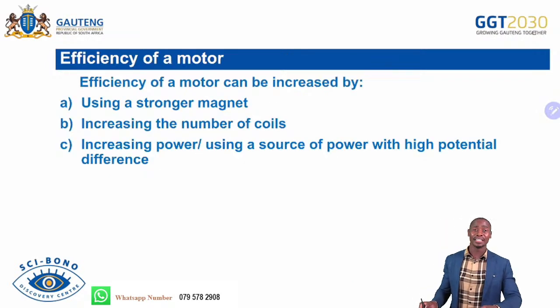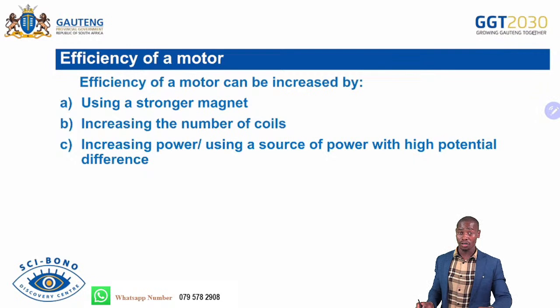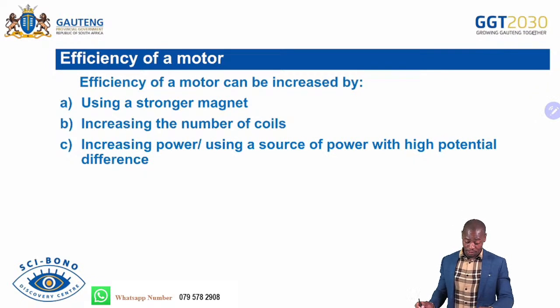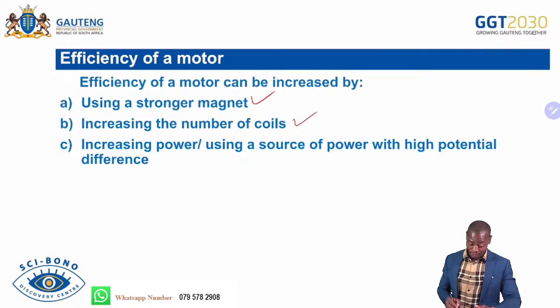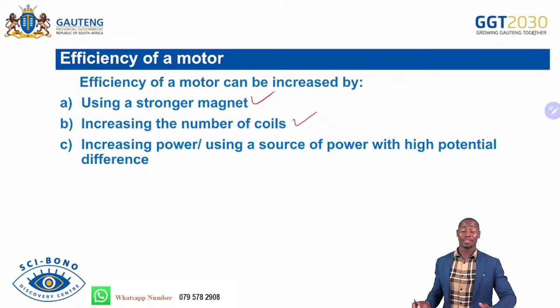So how can we increase the efficiency of a motor? Right. Efficiency of a motor can be increased by using a stronger magnet. We can also increase the number of turns in a coil, or increase the number of windings, or increase the number of coils. We can increase power, right? Or we can use a source of power with high voltage.